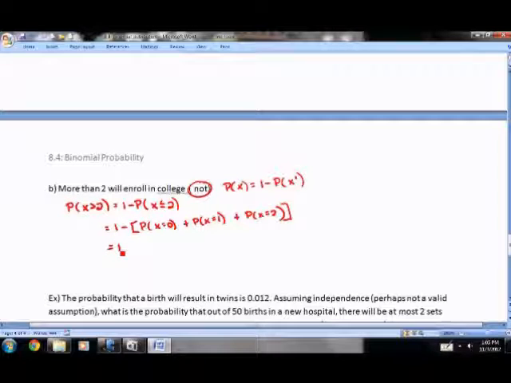We found that value last time, so it's 1 minus 0.0626. We solve that out and have 0.9374, which is telling us there's about a 93.74% chance that more than 2 people who are eligible will enroll in college. And that's a pretty good chance.